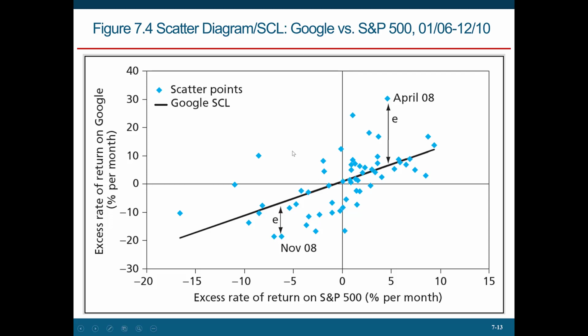I'm going to skip over this material for now, because when we work on our Excel exercises in a few weeks, we are actually going to do beta estimation for one of the stocks, and we are going to look at a very similar graphical way of estimating the beta that you are looking at here. So I'm not going to go over this at this time, but we'll work on this type of example later on in our Excel assignment class.